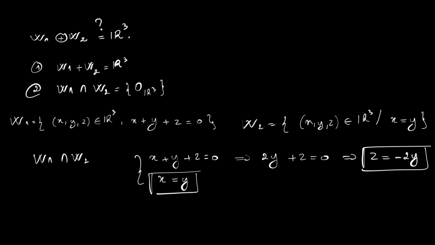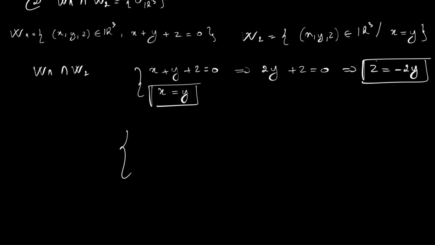So any vector in the intersection looks like this. X equals t, y equals t, and z equals minus 2t, where t is a real number, which is the parametric equations of a line. Let me draw this to visualize the intersection of two planes.